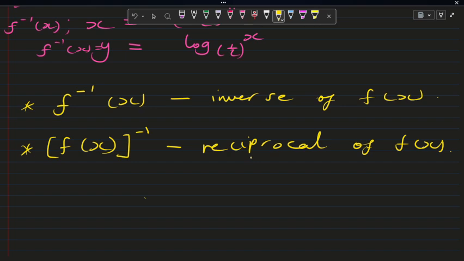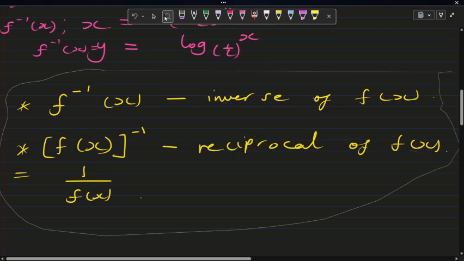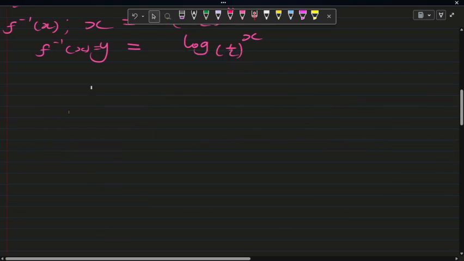The first one is the inverse, but for the second one, we are basically saying 1 over f of x. For the first one, we have to interchange x and y, but in this situation, we just need to take the reciprocal, which is 1 over the function f of x. That is a very important side note.